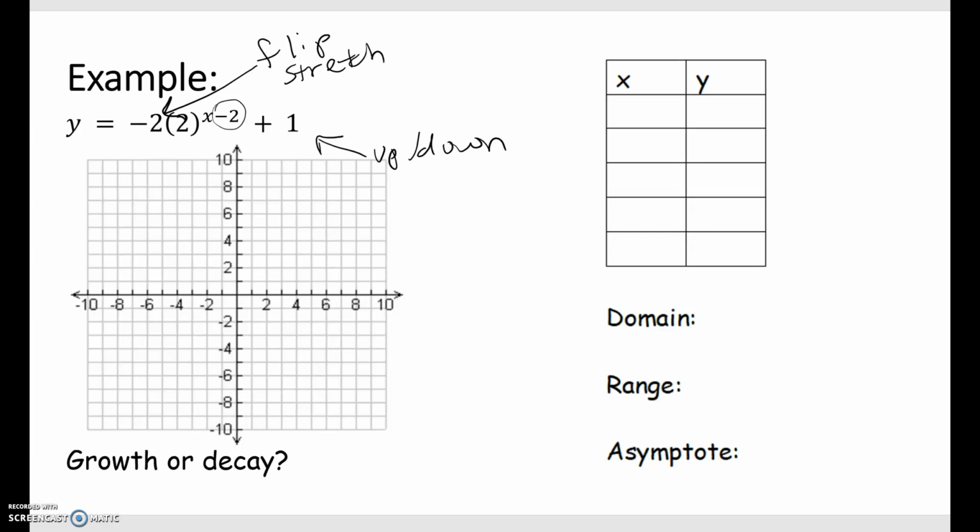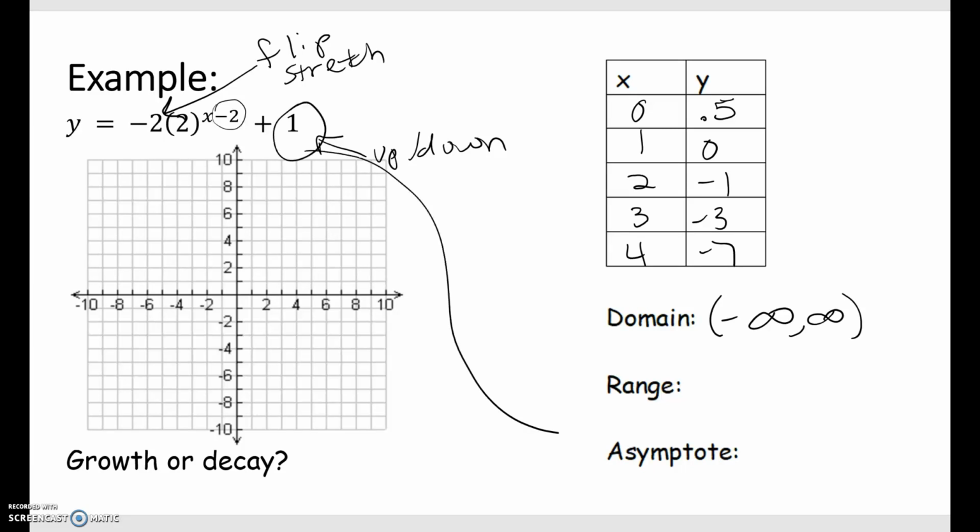Okay, so this time I'm going to use the point (0, 1/2) or 0.5. I've got (1, 0), (2, -1), (3, -3), and (4, -7). Domain still isn't changing, negative infinity to infinity. It looks like this time my asymptote is going to be at a positive 1.